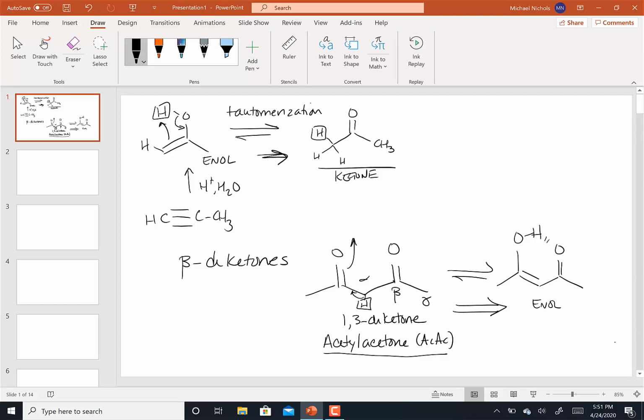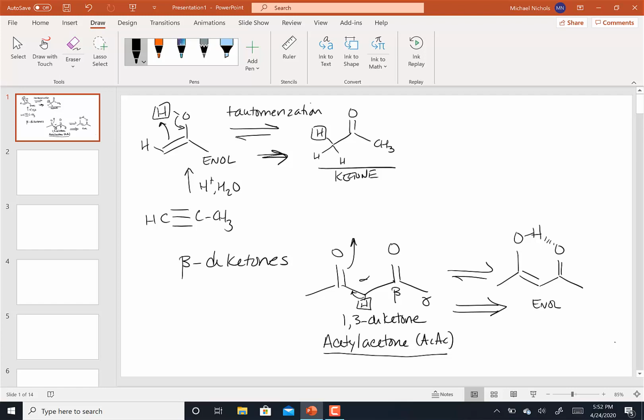Because that hydrogen can form an intramolecular hydrogen bond, intra meaning within the molecule, to the carbonyl, and it forms a very stable 6-membered ring with the intramolecular hydrogen bond. So the thermodynamics of this are that the enol is the predominant form, even straight from the bottle.